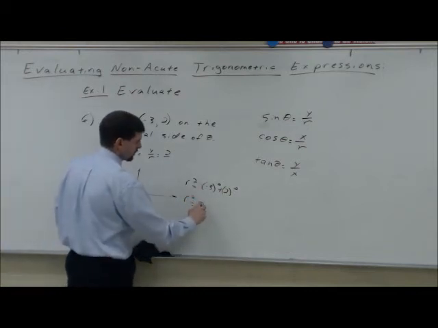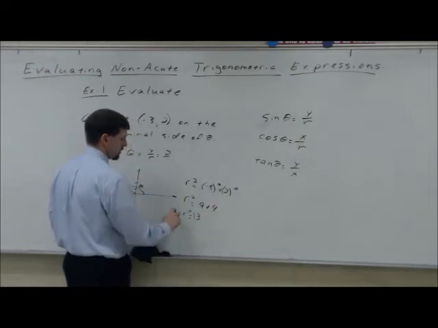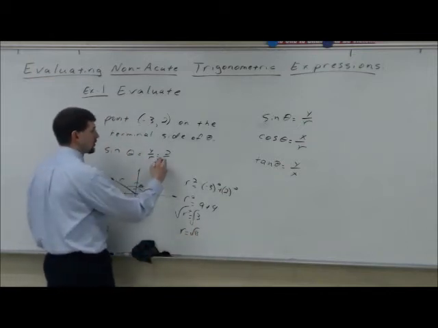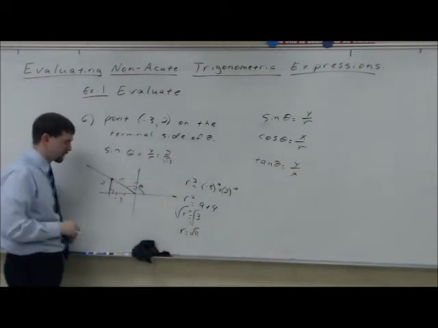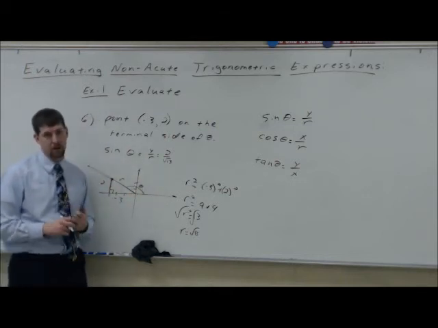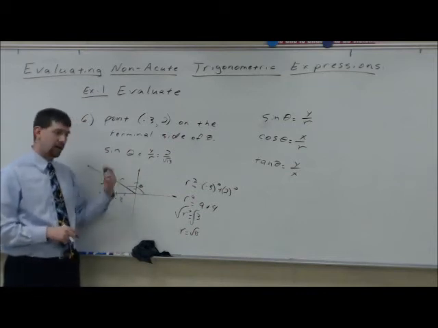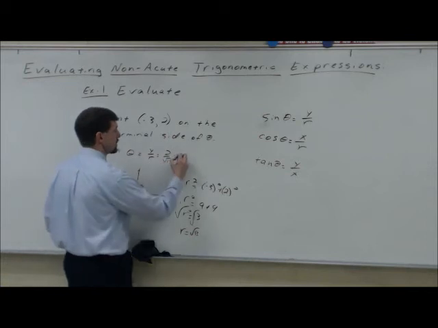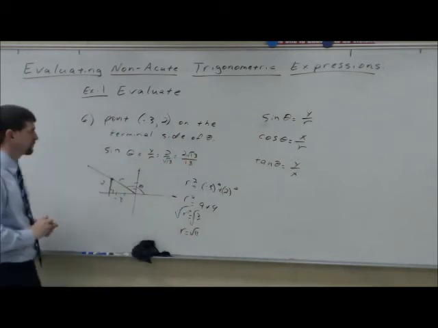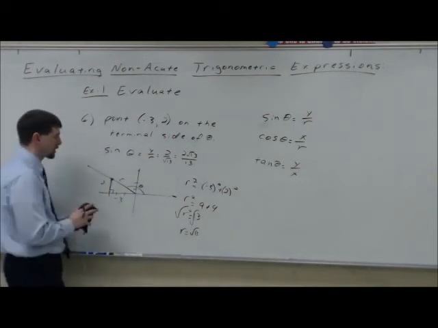So r squared equals 9 plus 4, which is 13. Take your square root, so r equals square root of 13. So we get 2 over square root of 13. So without even knowing an angle, just by knowing one point on the terminal side of that angle, I'm able to figure out what sine of that unknown angle is. In this case, it's 2 square root of 13 over 13. So I could use that any time I'm given a point on a terminal side.